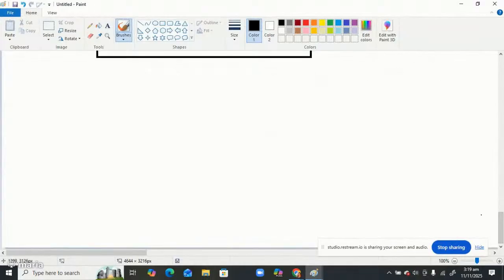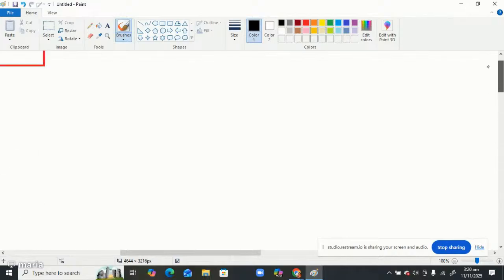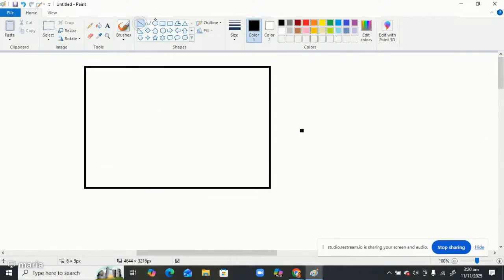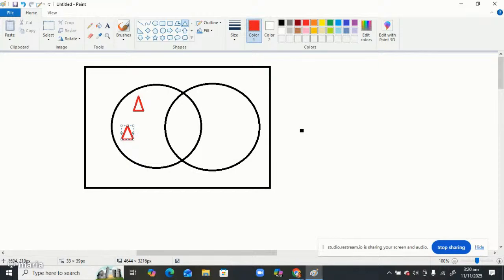I'm going to draw figures here, then you guys tell me. So here I'm going to draw a Venn diagram. And now I'm going to draw the triangles, and then circles.